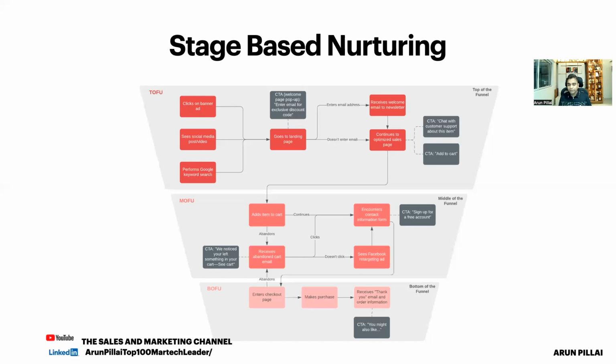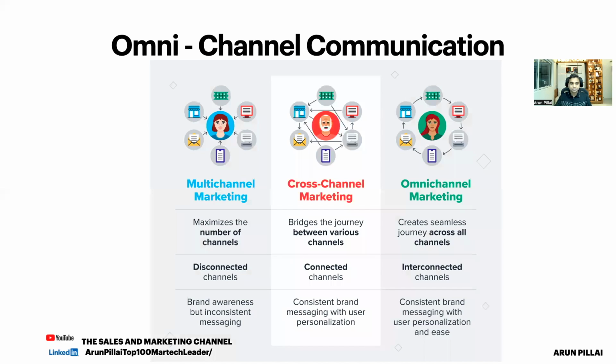So we don't want to feed top of the funnel content to a highly nurtured, engaged contact, as they might come to see us as a company that's spamming them and we might lose them. And likewise, the opposite, we don't want to send bottom of the funnel content to a lead that's still trying to understand the brand and what they're offering, right? So here was an example of stage-based nurturing.